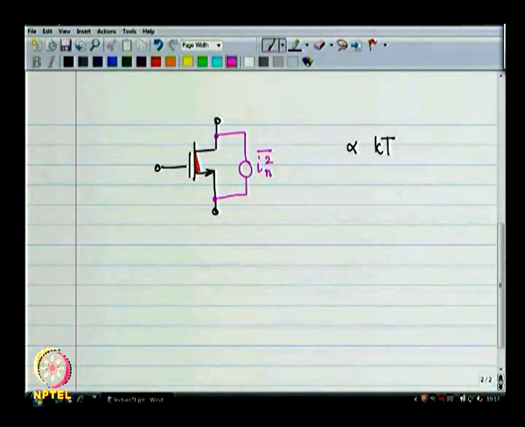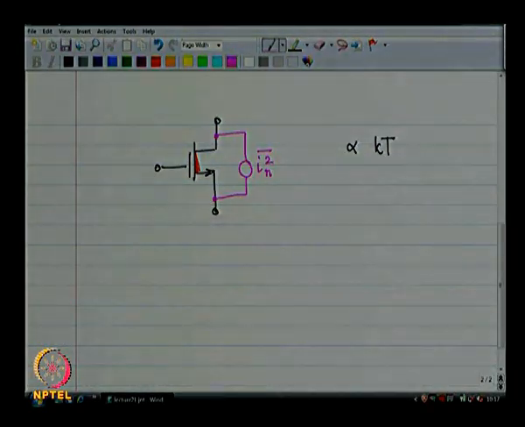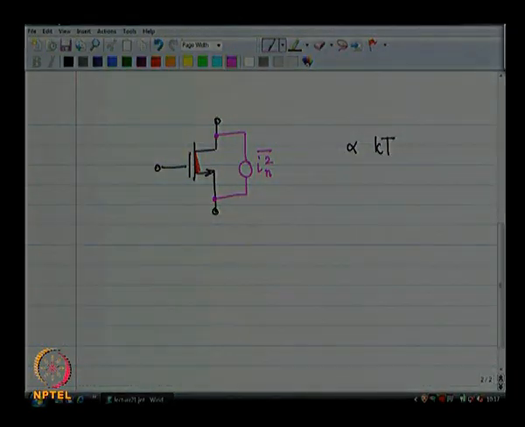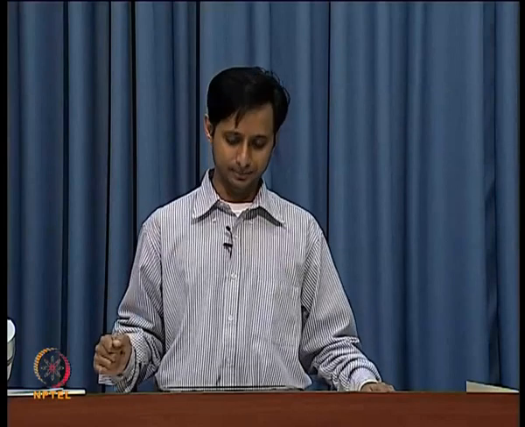Why did I not put a voltage source in series with the channel? Because it is hard to do that, and you are now getting within the dynamics of the MOSFET. You have to break up the MOSFET, and it becomes difficult to analyze. So, instead it is easier to just place a noise current source in shunt with the channel.